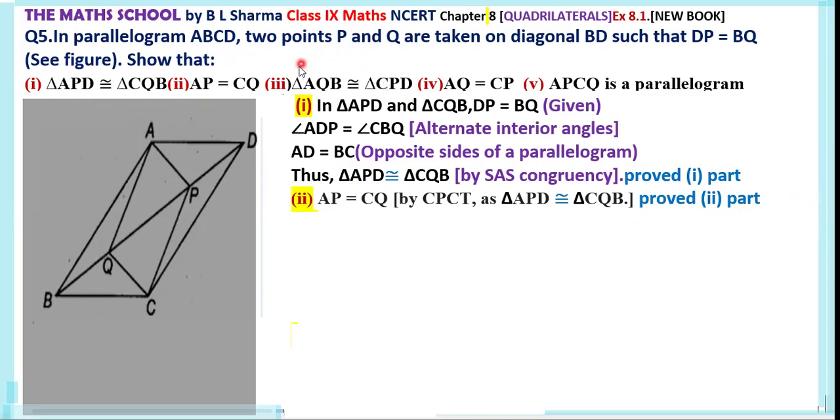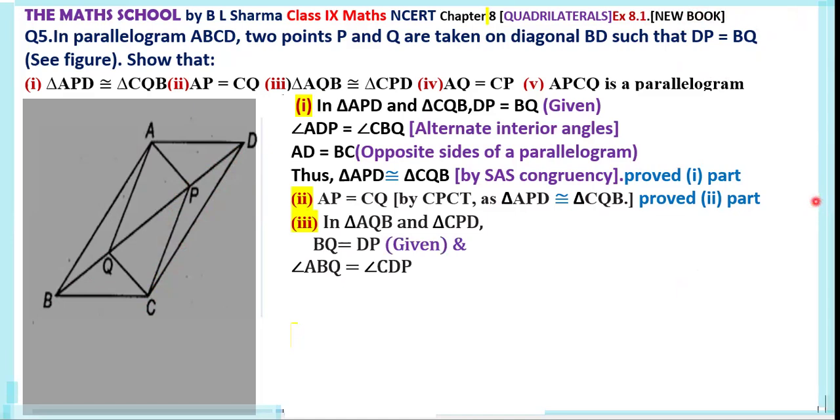Now we come to triangles AQB and CPD, this triangle. In triangles AQB and CPD, BQ is equal to DP. It is given. Angle ABQ is equal to angle CDP.